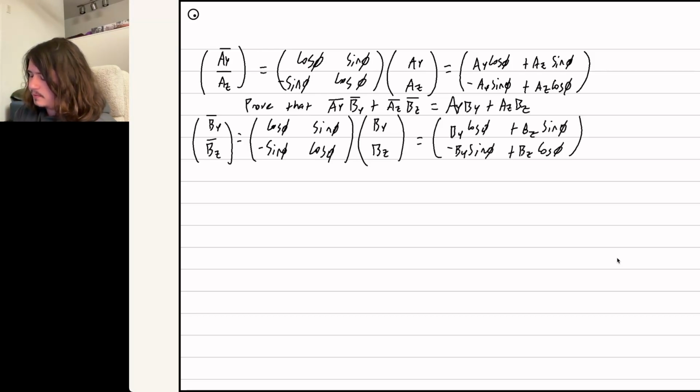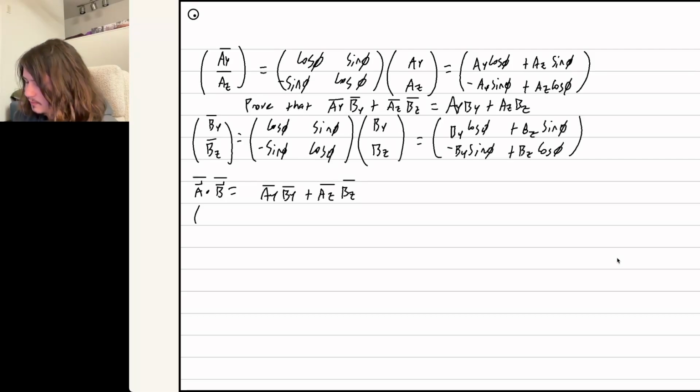And so the dot product between the two new rotated vectors will be Ay bar By bar plus Az bar Bz bar.